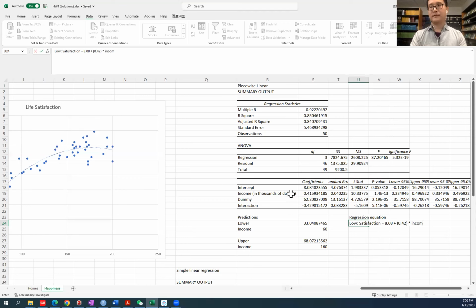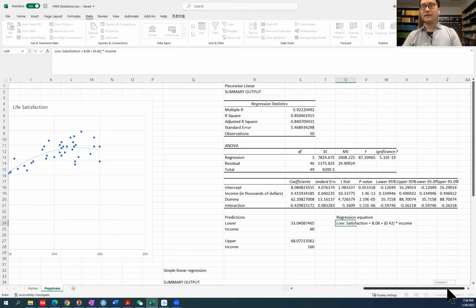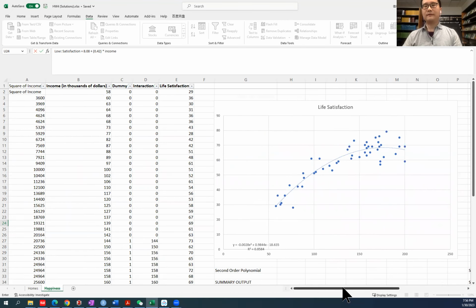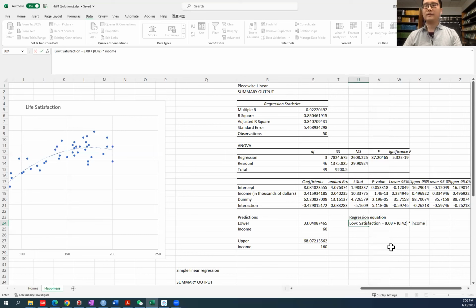Times income, right? Okay, here is where the difference comes in. For the low income group, notice how we build the dummy variable. The dummy variable would equal 0 when it's about the low income group. So we would have the dummy variable coefficient, 62.2, but the group value for the dummy variable would be 0.